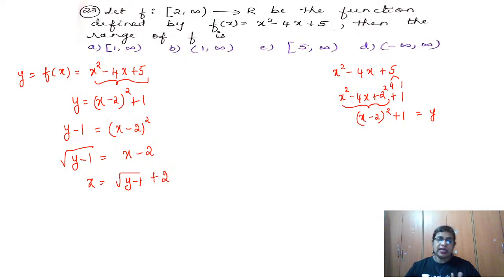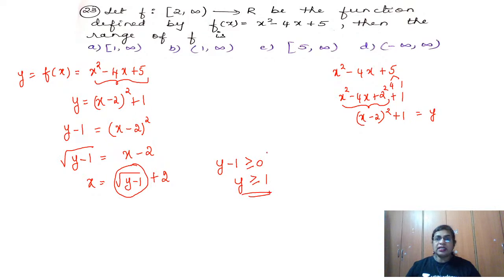Now understand this. For this to be a real function, under the root you should get a non-negative value, so y minus 1 should be greater than or equal to 0. The 1 goes to the other side, so y is greater than or equal to 1.